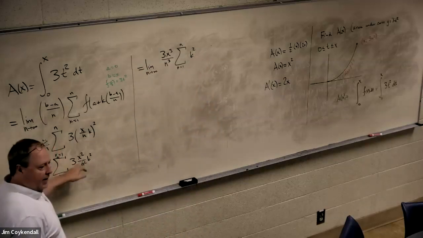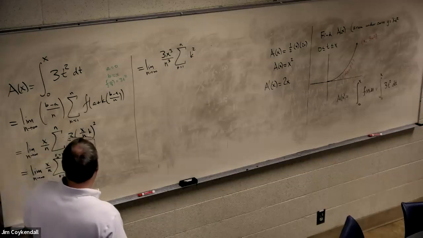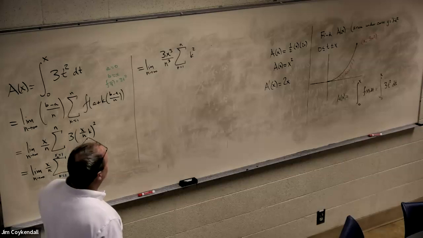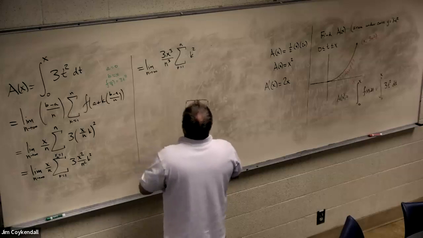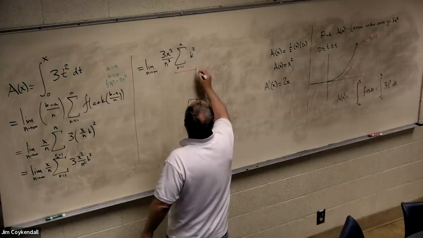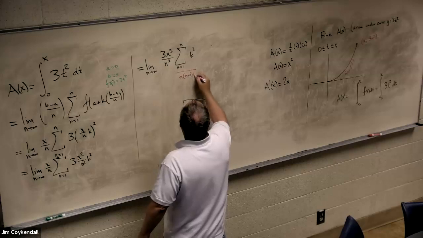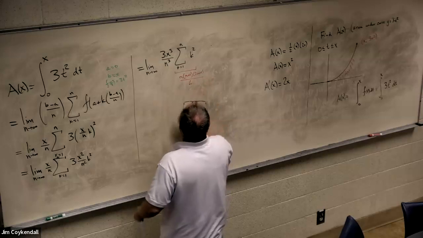So I pulled out 3x squared, times x over n, so 3x cubed, n cubed at the bottom. And now, I seem to recall this thing right here: the sum of k squared is n, n plus 1, 2n plus 1 over 6.